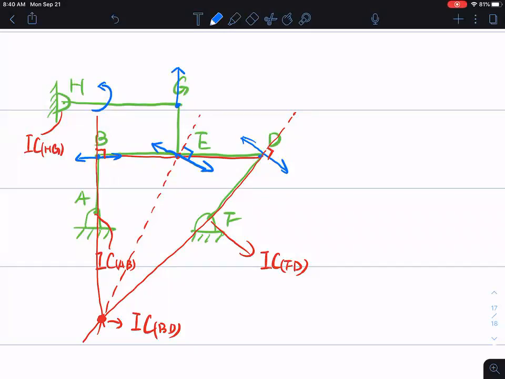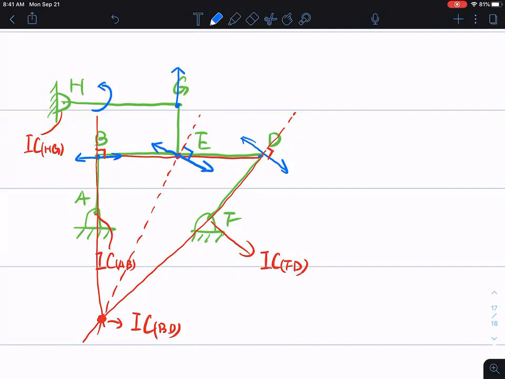We use this in reverse, so the instant center helps us decide the direction of the velocity vector of any point on the rigid body.